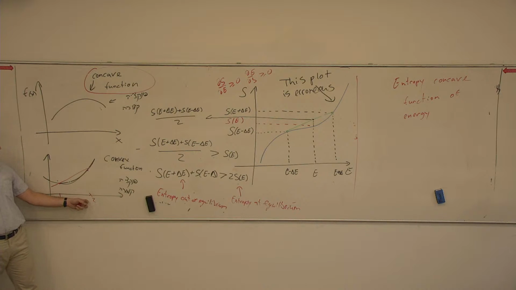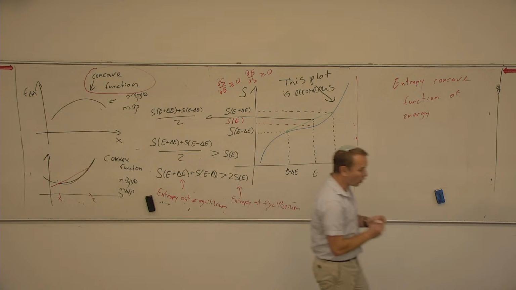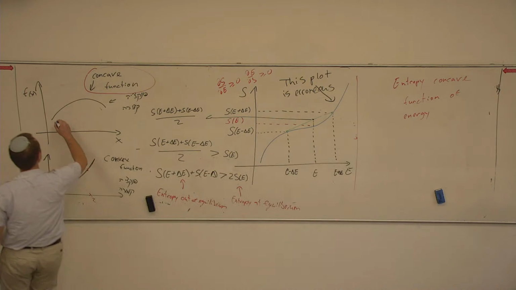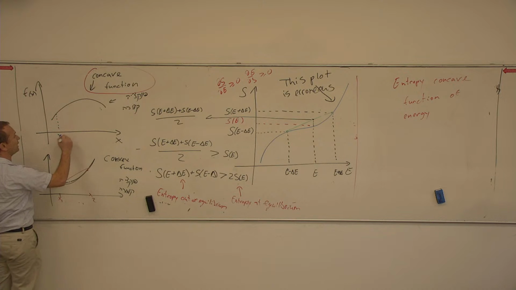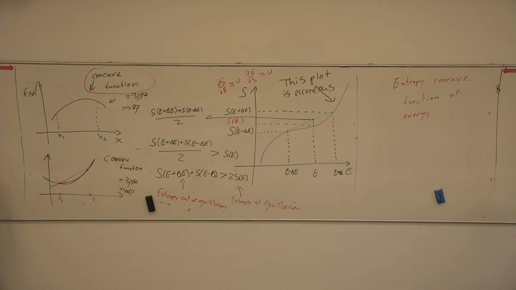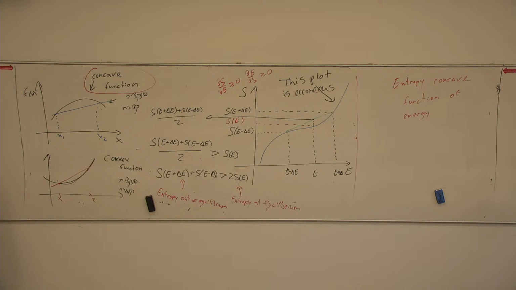This is what a convex function means. It's not a local property, it's a global property. A concave function means the opposite. If I pick x1 and x2, no matter what they are, and I draw a line between those 2 points, this line is going to be below the function.